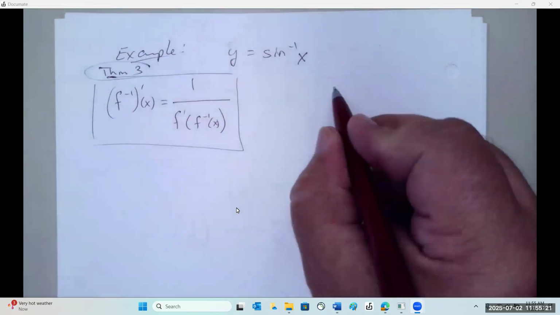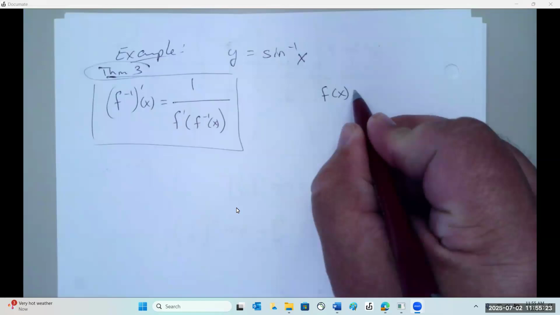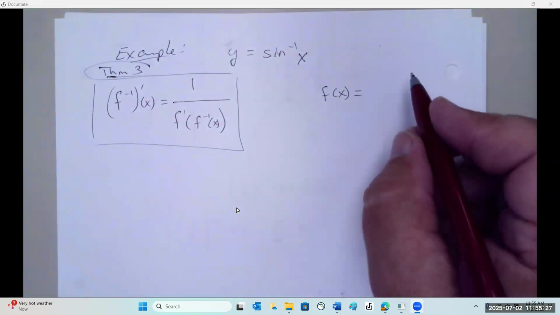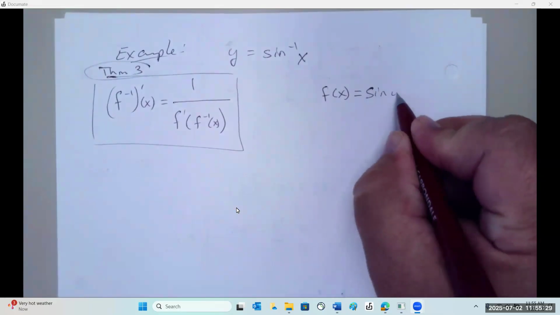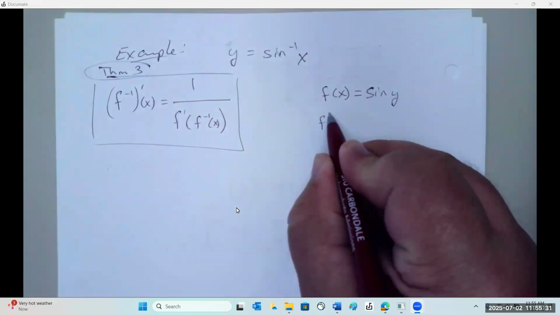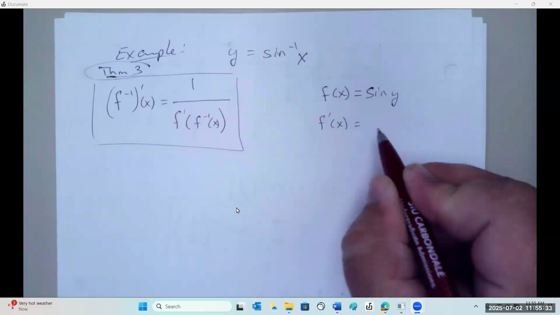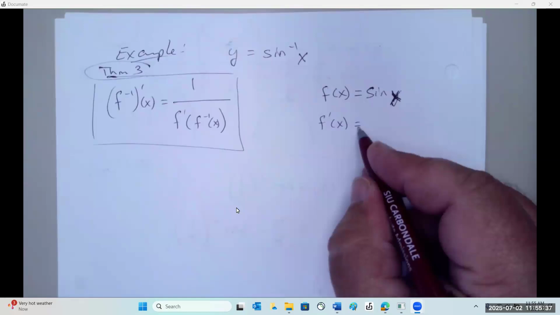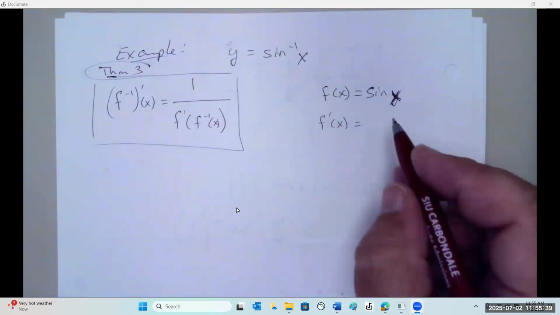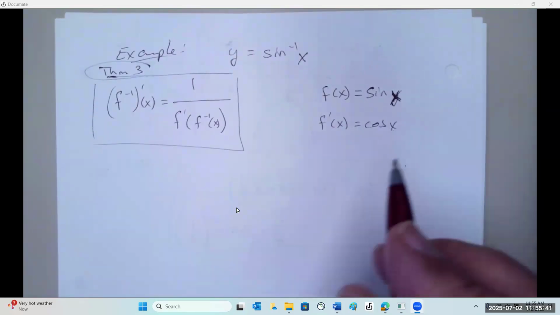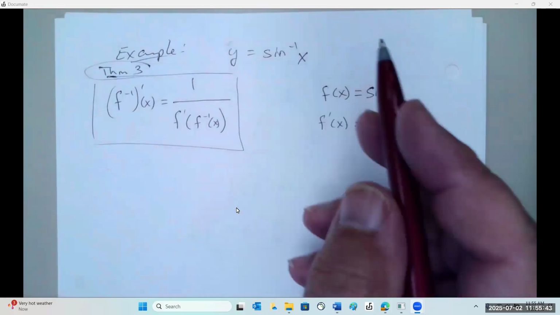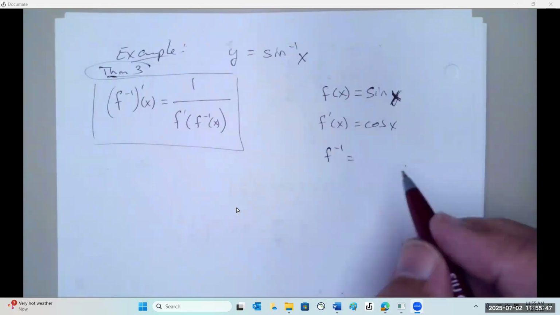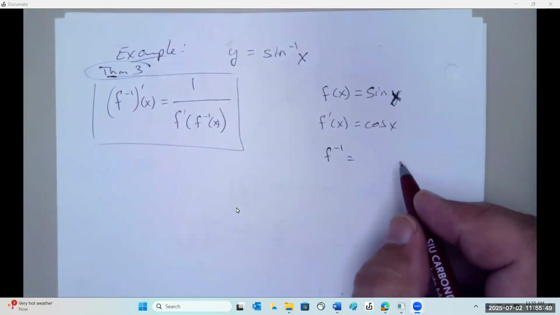So in this one, what is our f of x? Sine y. What is our derivative? Cosine x. And we have the inverse. What's the inverse function?